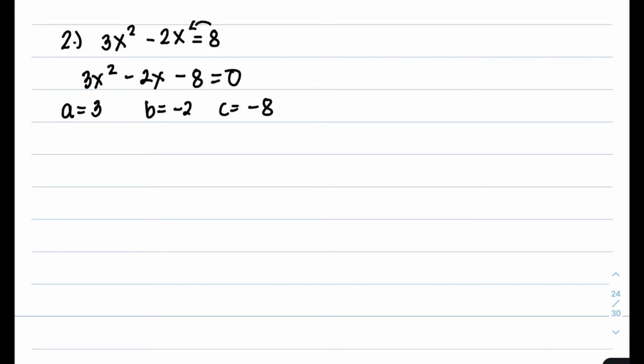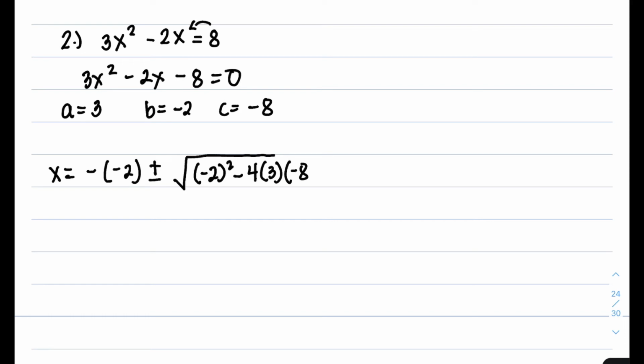Then, we just substitute into our formula. So, x is equal to negative b. So, we have negative times negative 2 plus minus square root of b squared. We have negative 2 squared minus 4 times a which is 3 and times c which is negative 8, then over 2 times a, that is 2 times 3.